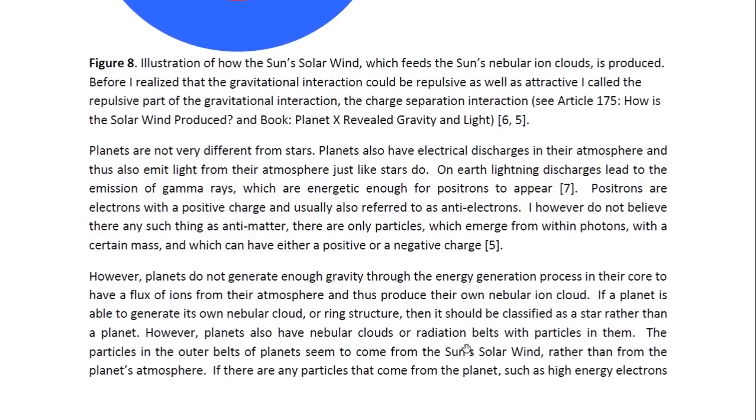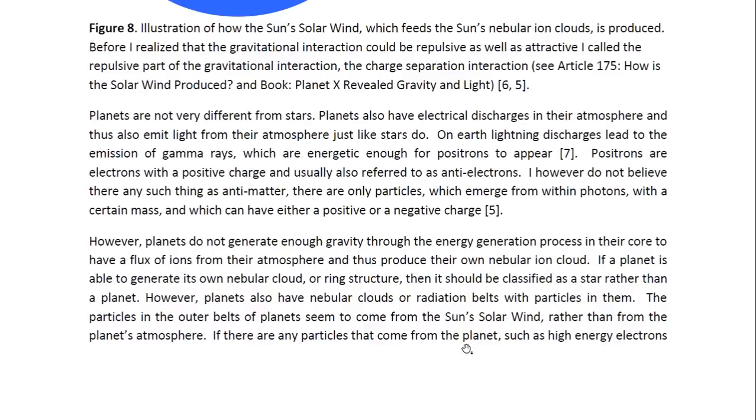However, planets do not generate enough gravity through the energy generation process in their core to have a flux of ions from their atmosphere and thus produce their own nebula ion clouds. If a planet was able to generate its own nebula cloud or ring structure, then it shouldn't be classified as a planet at all. It should be classified as a star.